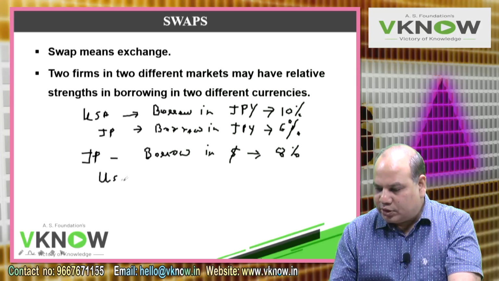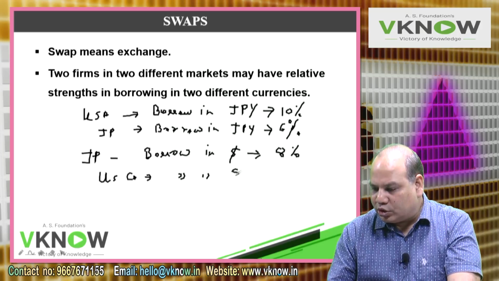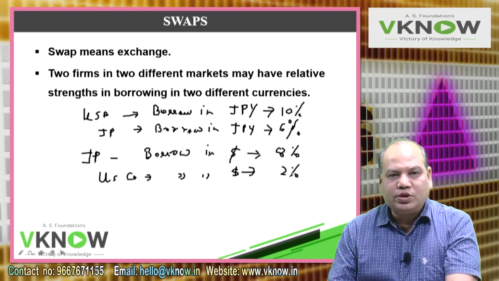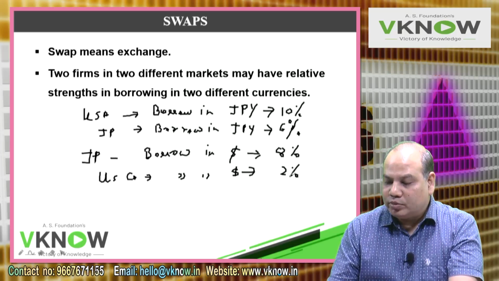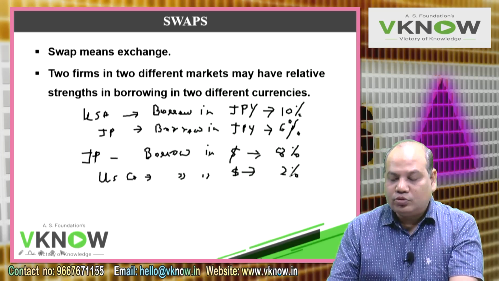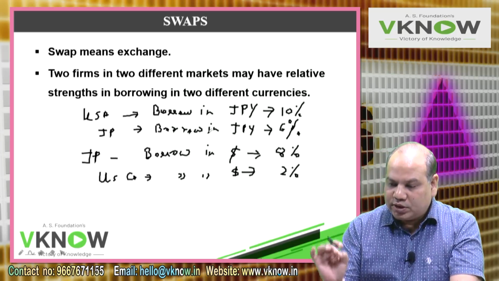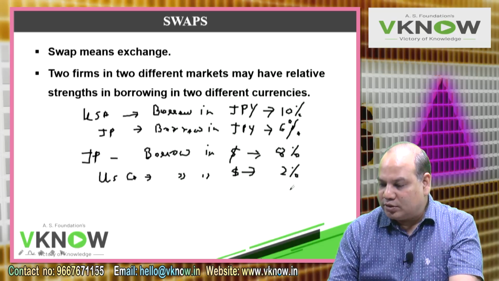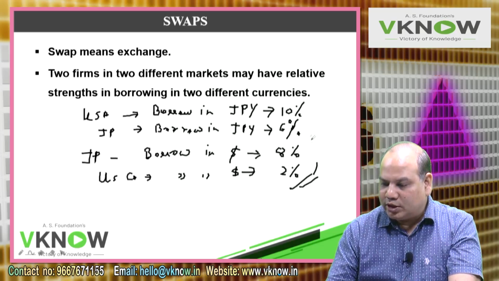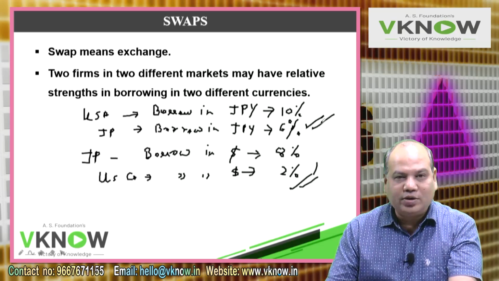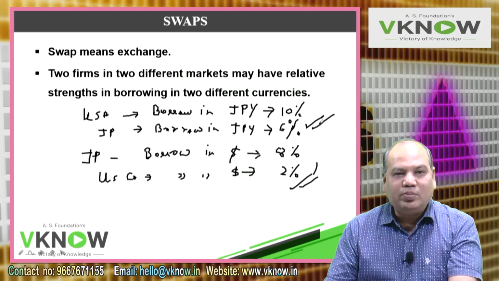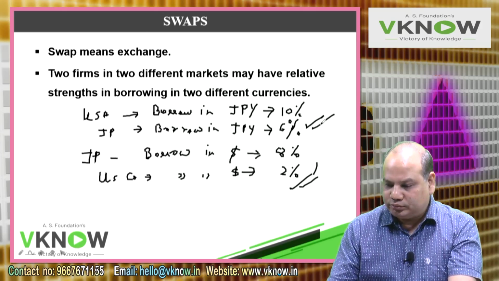But a US company can borrow in US dollar at say 2%, because a US company is known amongst the investor community in USA, but a Japanese company is not known. So what they will do, US company has the relative strength in US market, Japanese company has relative strength in Japanese market. How they can minimize their cost of borrowing?